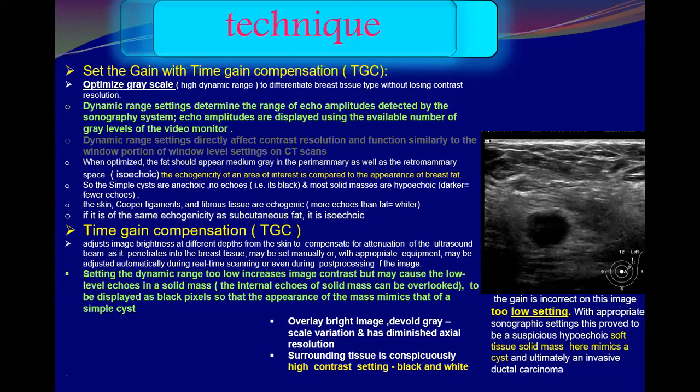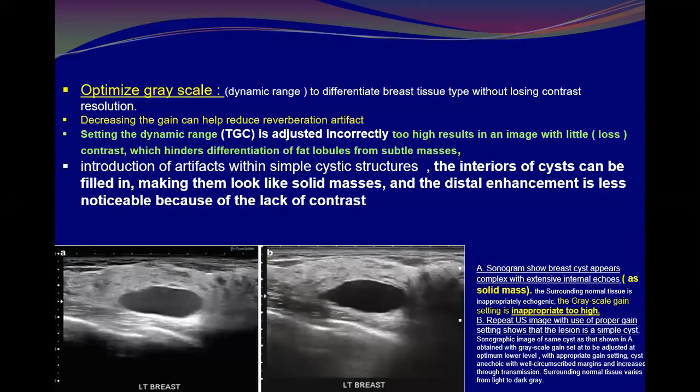When we see black and white, the contrast is too much. That means we adjusted the time gain to a low setting. We have to adjust it because the soft tissue will mimic a cyst. And the reverse will occur when we optimize the dynamic range at a higher level.